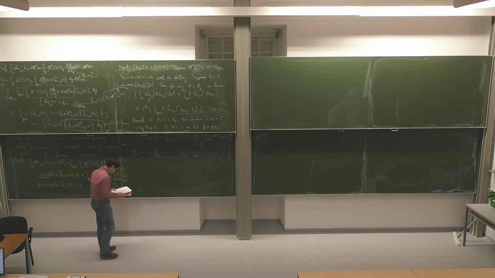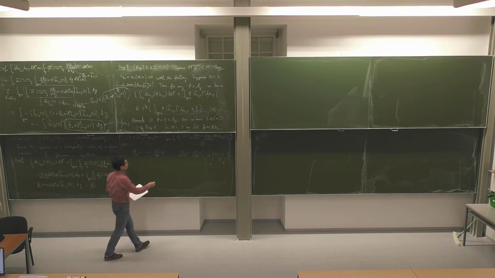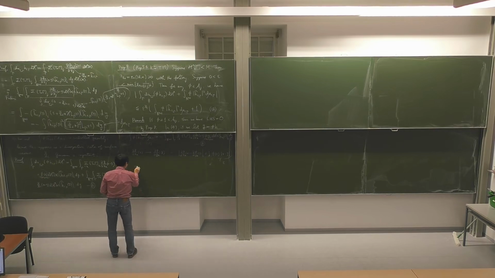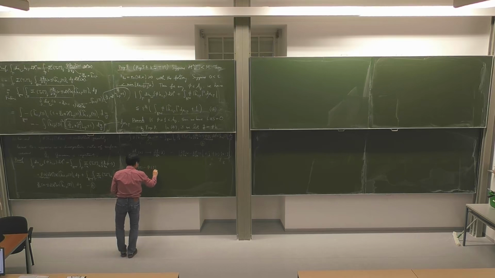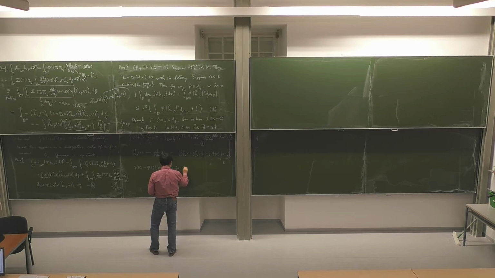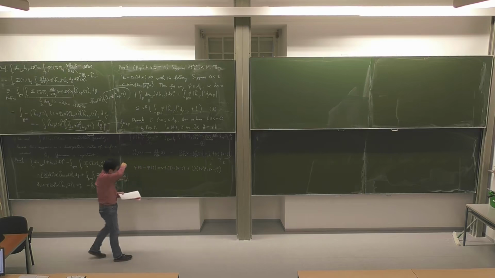Okay, so now the other things you do is you have to interpolate this one and this one. Now you do a quadratic approximation. So you consider this is equal to nabla phi of y dot x minus y plus order of the second derivative times x minus y squared.